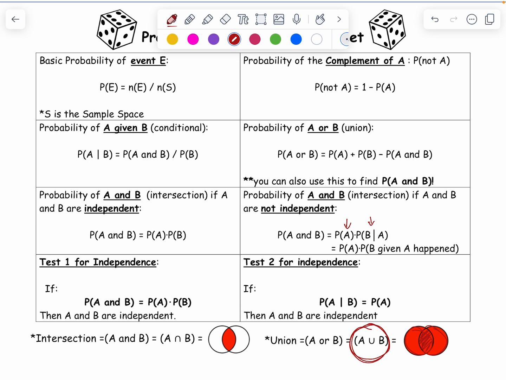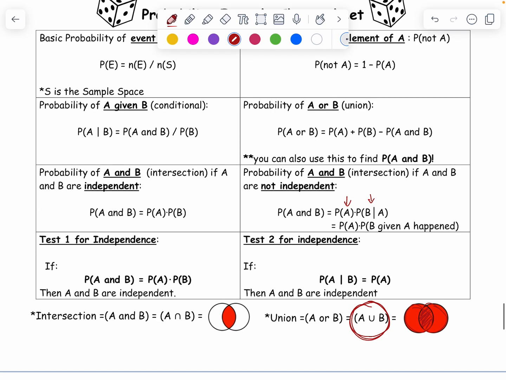The first test is if the probability of A and B is equal to the probability of A times the probability of B, we know it's independent. So something you can do is find all three of those probabilities, calculate what you need to calculate. If it is equal, they are independent. The second test, and the test that they tend to encourage you to use on the Regents, is the following.